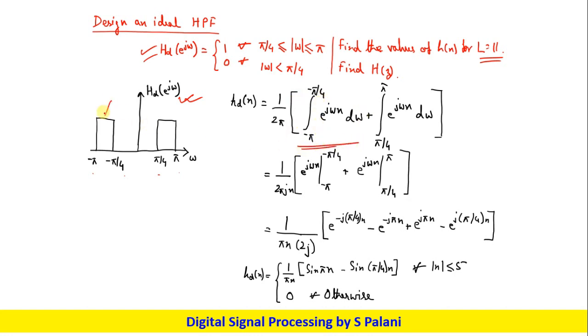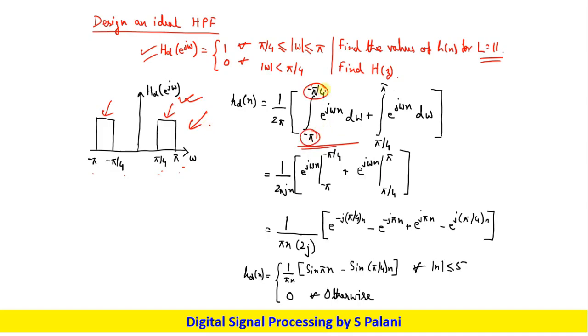There are two regions, minus pi to minus pi by 4, and pi by 4 to pi. So drawing this phase response or frequency response helps you in getting the limits.